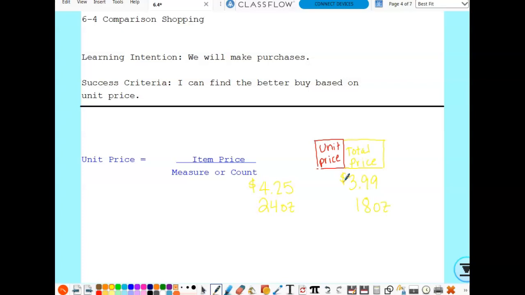So $4.25 divided by 24 is 0.177, and $3.99 divided by 18 is 0.222. So you get more here, and it costs less per ounce than the Kellogg's brand. If everything else is the same, you'd want this one, because even though you're paying more per box, you're getting more in that box than you would with the brand name.